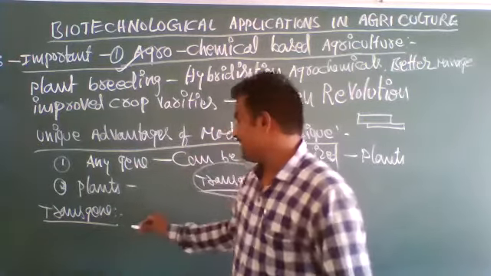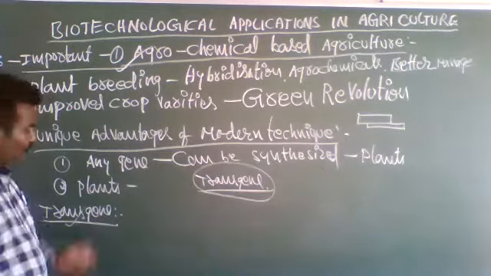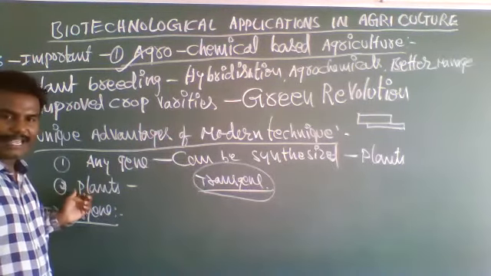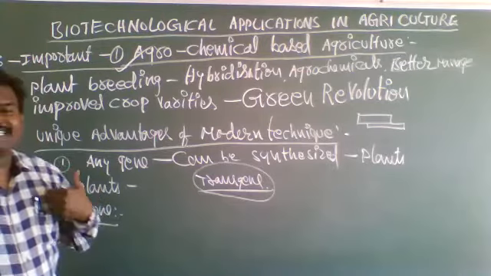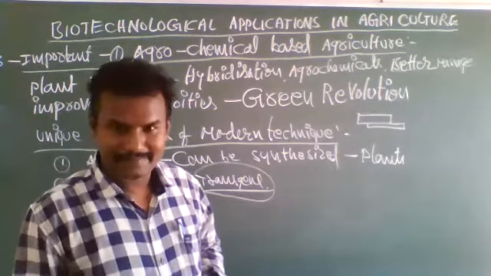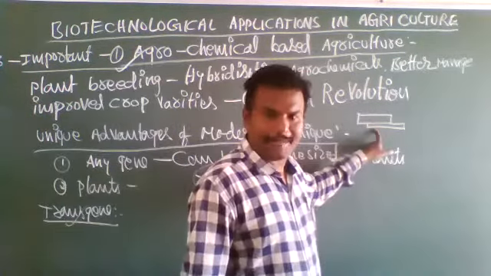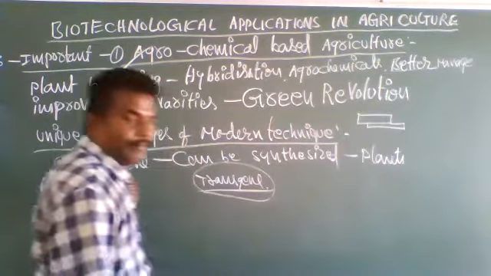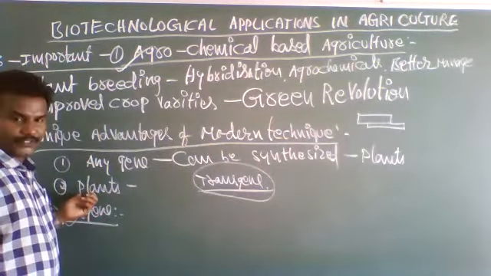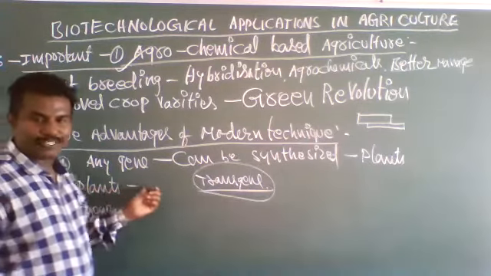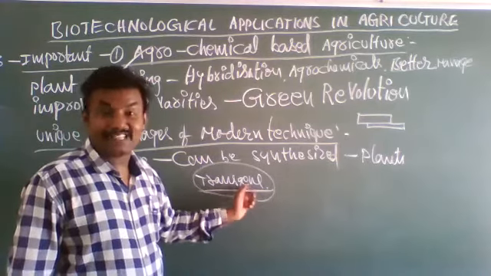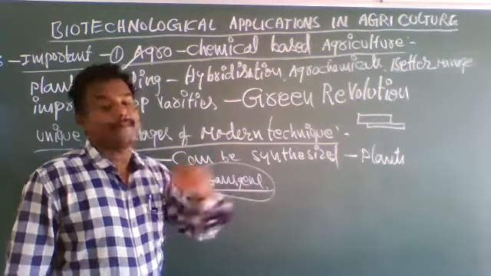That is called a transgene. The gene which is inserted into the plants brings desired traits in those plants. This gene is collected from the superior plant. Whatever characters are there in the superior plant, those characters we can bring into another plant. Plants with desirable traits can be created since only a transgene is inserted into the plant.